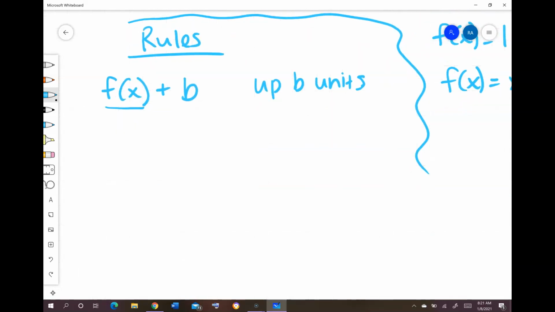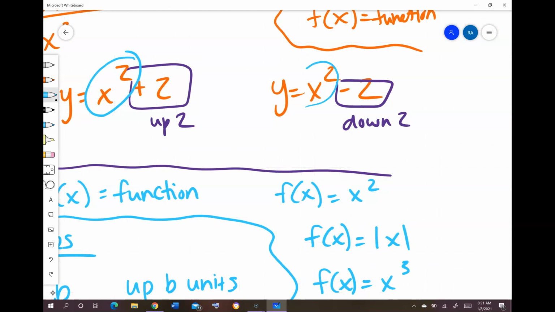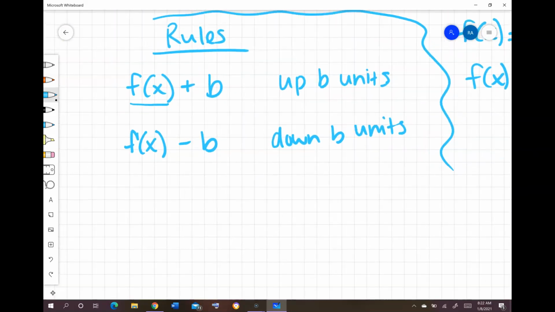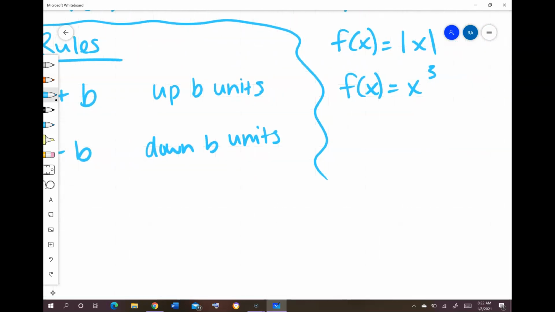All right, next one. If you see f of x minus a number, that means you went down b units, which, if you go back up here, x squared is the function. We subtracted a number and we went down. Okay? All right. So up and down is on the outside of the function. Left and right, if you remember, let's do another little flashback over here.